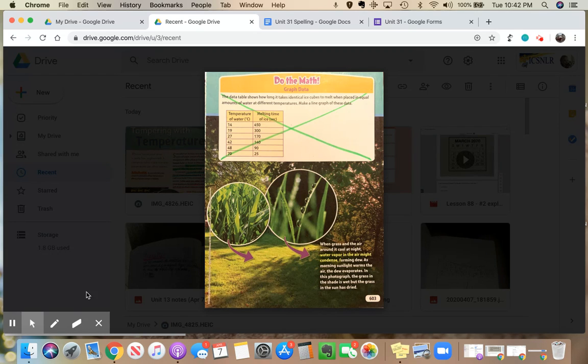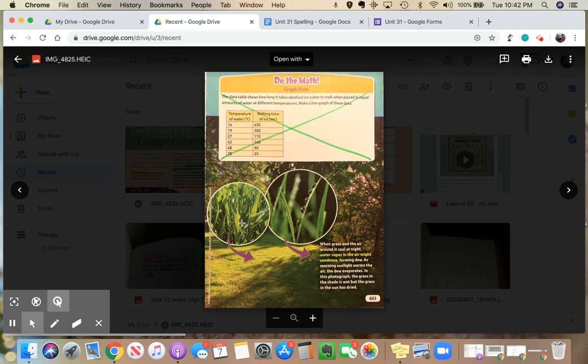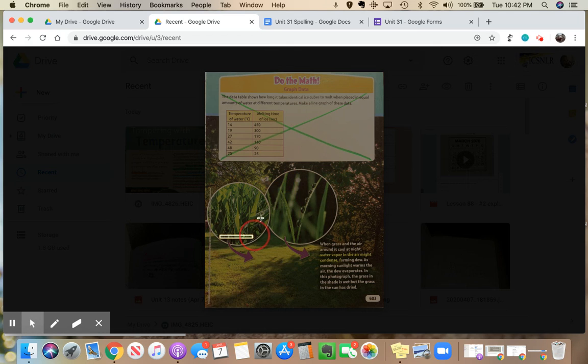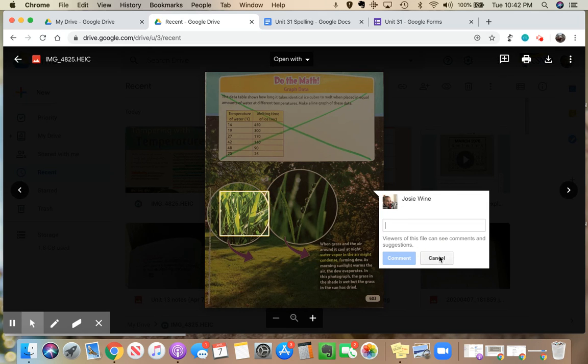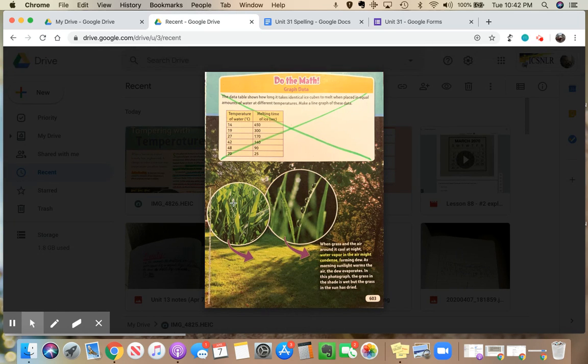So let's look really quick. Right here in this photo, we see that it is dry. There's nothing on it. That means the sunlight has hit the grass and there's nothing on it. But the grass over here that's under the shade in this tree has water on it.